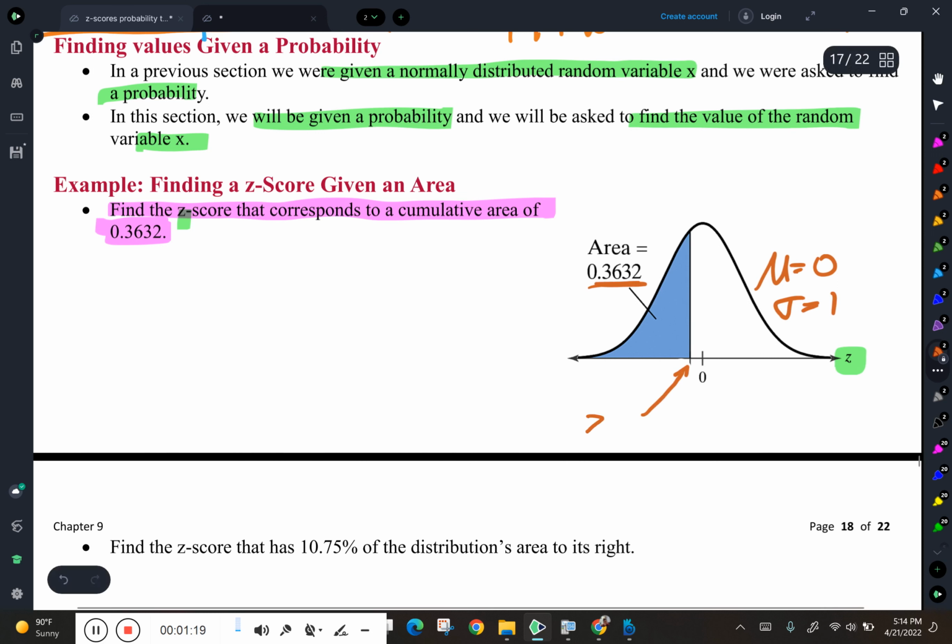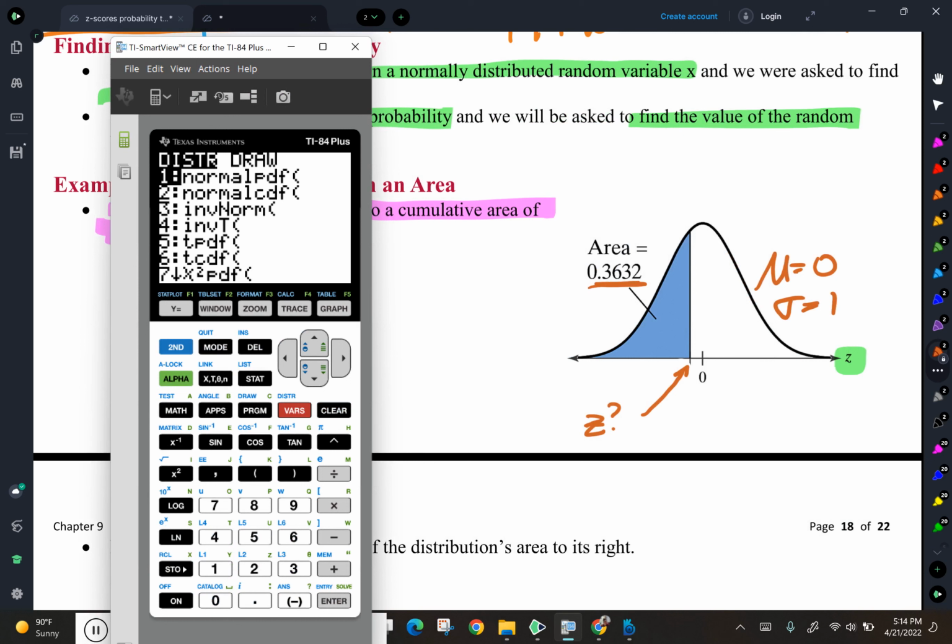Well, I'm going to use technology and find this. So I'm going to go to my calculator. I'm going to go back to that same distribution menu, but this time I'm going to use a different command. I'm going to use the inverse normal command. And the inverse normal command answers this left tail problem. So I'll punch that up. It's going to ask me for the area.